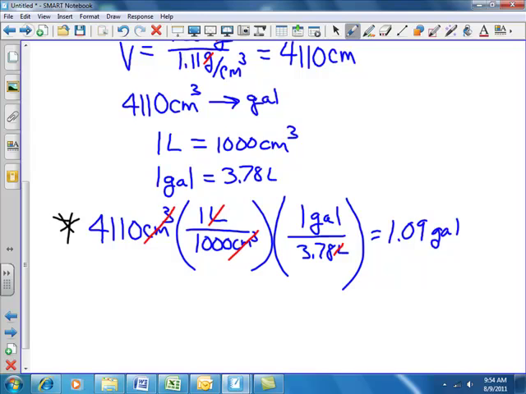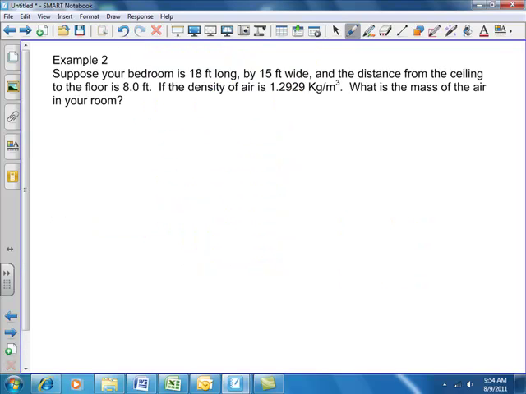Let's try another one. This is the second example on your page. Suppose your bedroom is 18 by 15 by 8. The density of air is 1.29, and we want to know what is the mass of air in your room. Some given information: I know the density is 1.2929 kilograms per meter cubed, which is the actual density of the air.